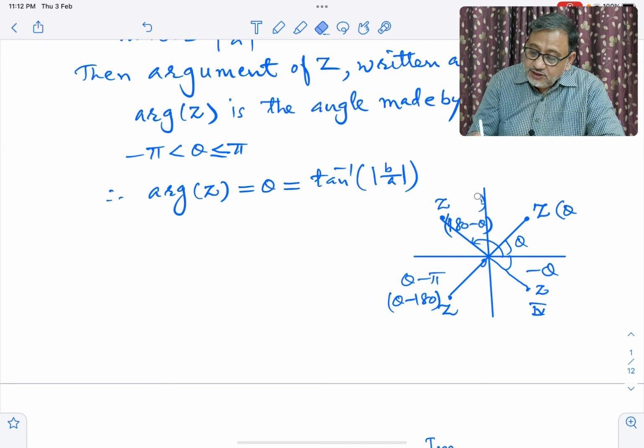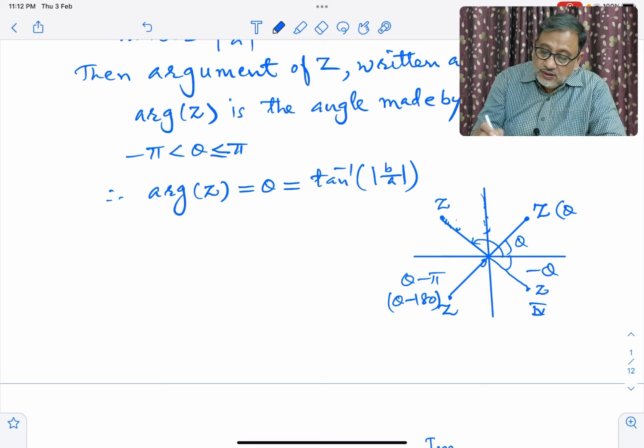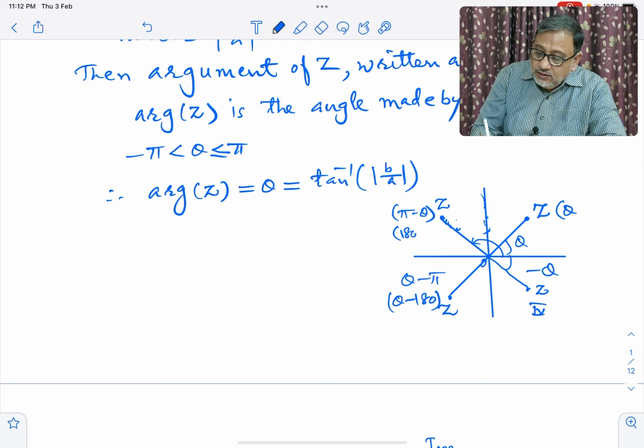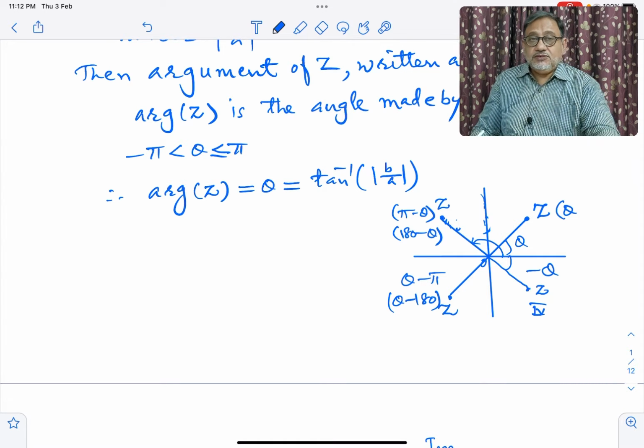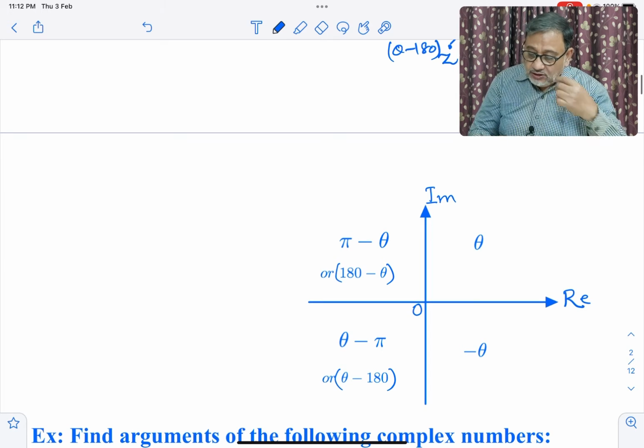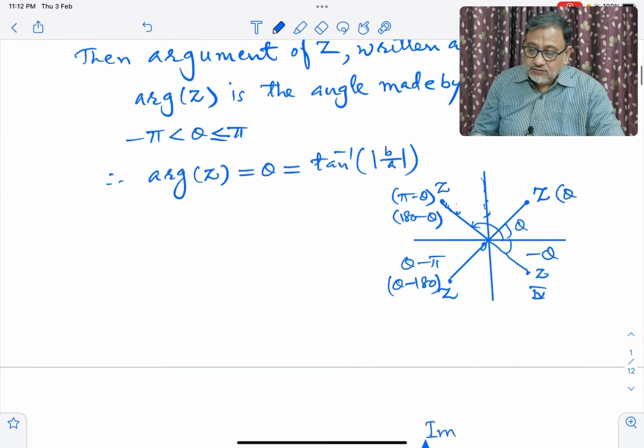Let me rewrite that in a proper way. In the second quadrant, it will be pi minus theta, or 180 minus theta if you write it in degrees. So here I have used the sign convention.